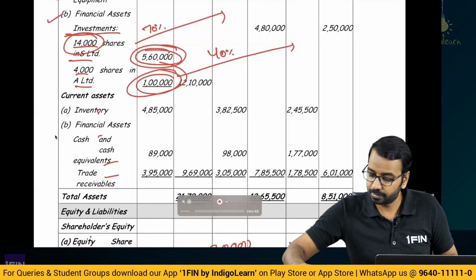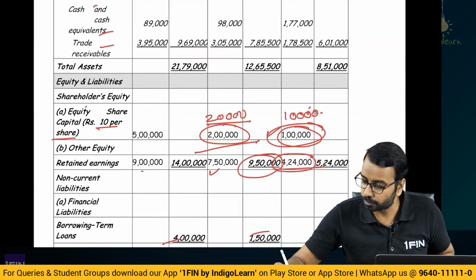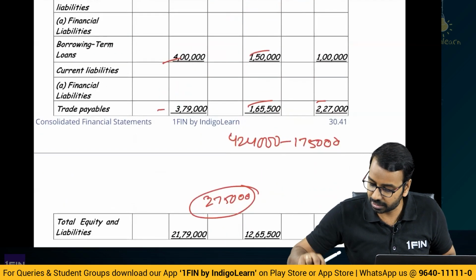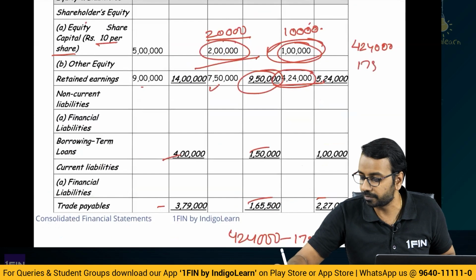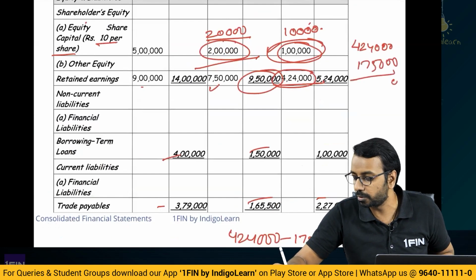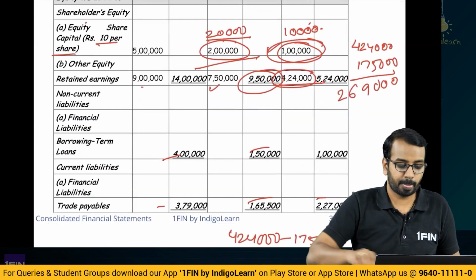So, if you see, the reserves retained earnings is 424. So, here it is 424 closing balance. On date of acquisition, they have said it is 175. So, 424 minus 175, how much is this? 14 minus 5 is 9, and 13 minus 7 is 6, 269,000. Okay.